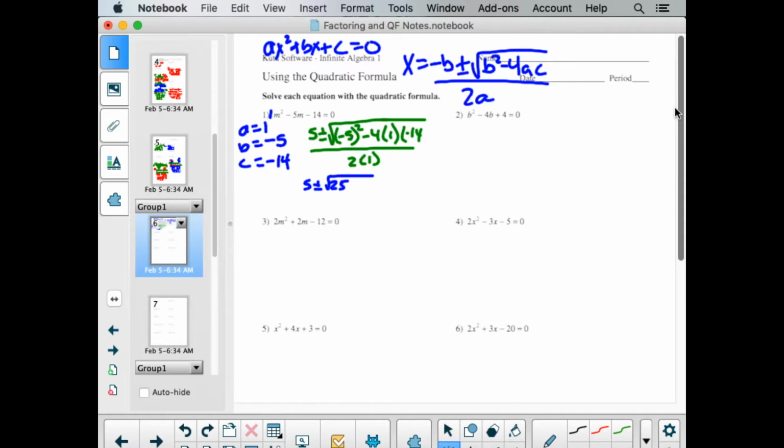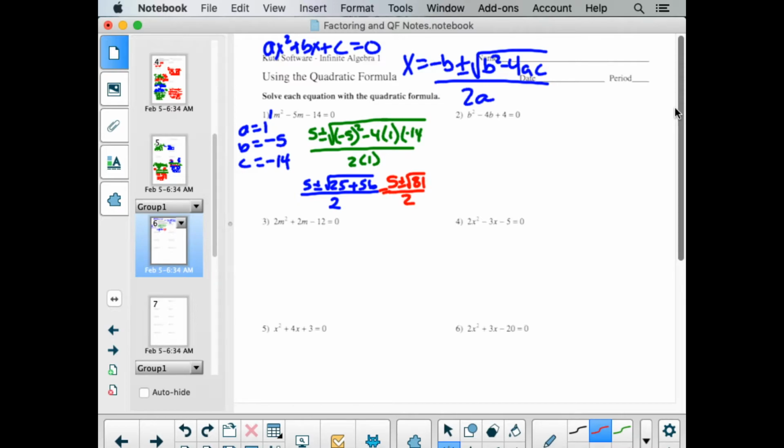So I go negative 4 times 1 times negative 14 on my calculator, and I get a positive 56 all over 2 times 1, which is just 2. Keep simplifying that out. I go 25 plus 56, and I get an 81.